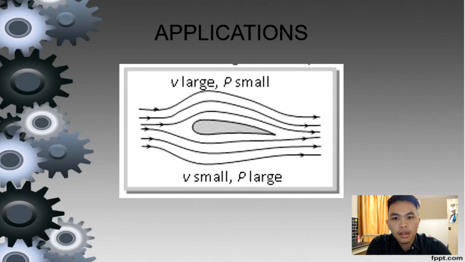This difference in speed above and below the wings, in accordance with Bernoulli's principle, will create a pressure difference. So when the force becomes greater than the weight of the plane, it will rise up. This is the application of Bernoulli's principle in an aeroplane.